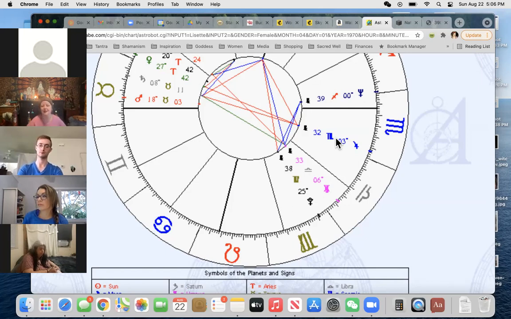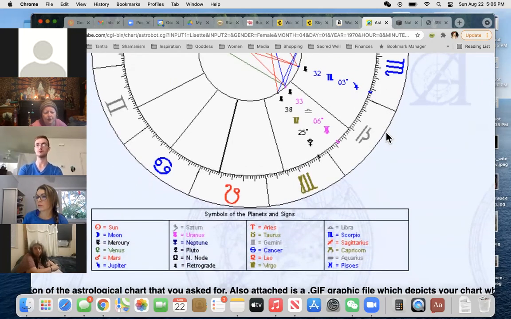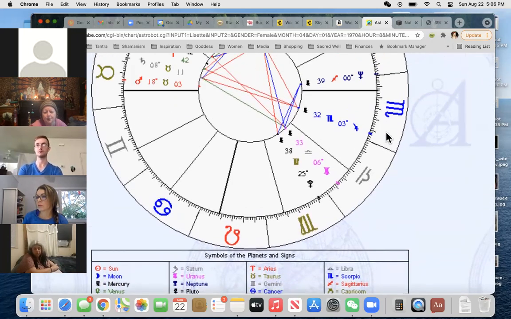In your 6th house, which straddles Libra and Scorpio, it looks like you've got your Jupiter in Scorpio. That 6th house is our space of aspirations.